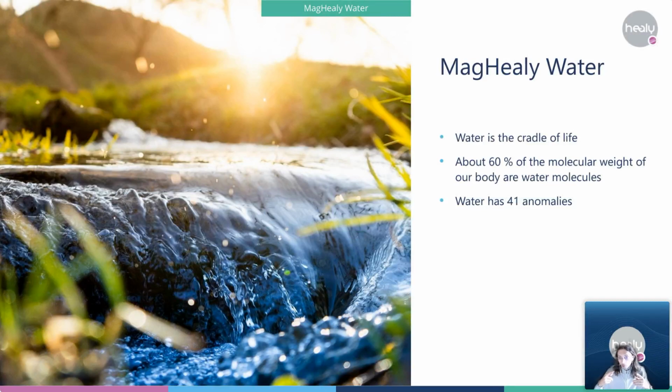And of course, water has 41 anomalies. I don't want to go into detail for those, because that would take a little longer. But at the end of the day, those anomalies are the reason why water is also so powerful.